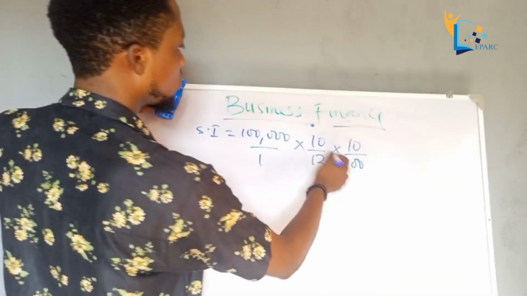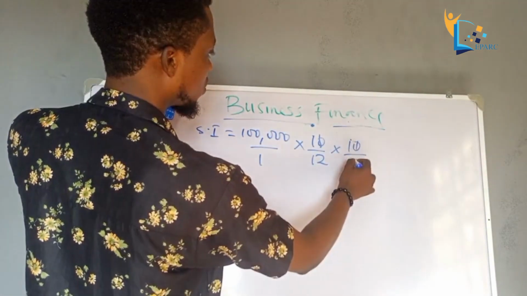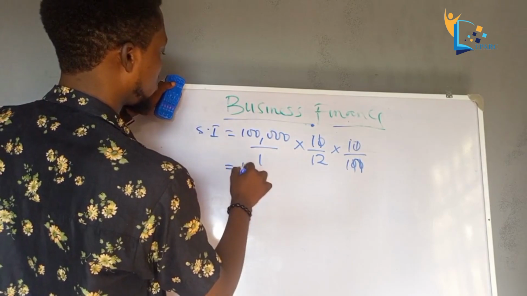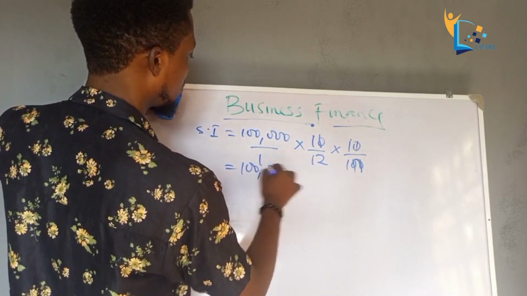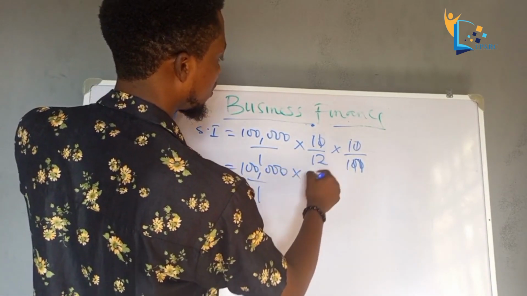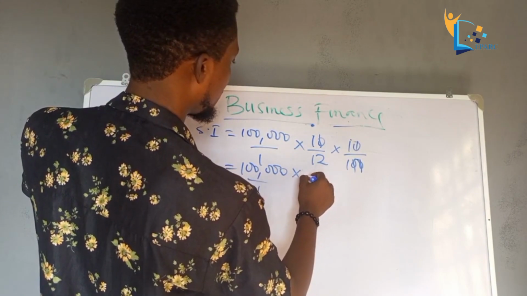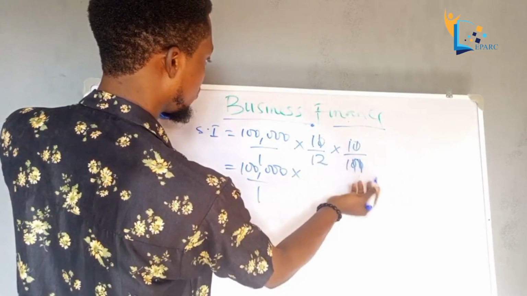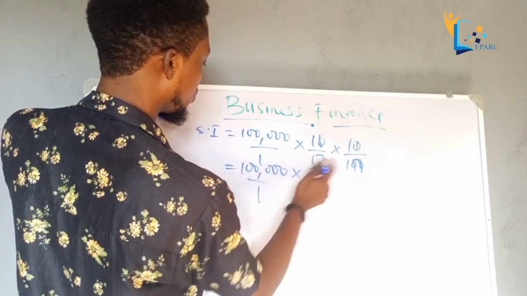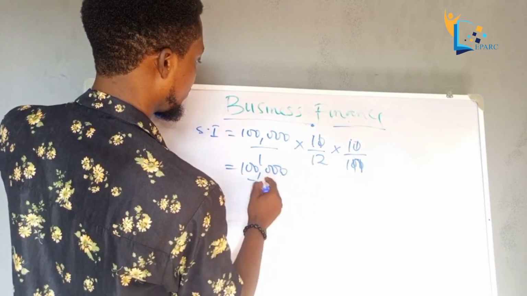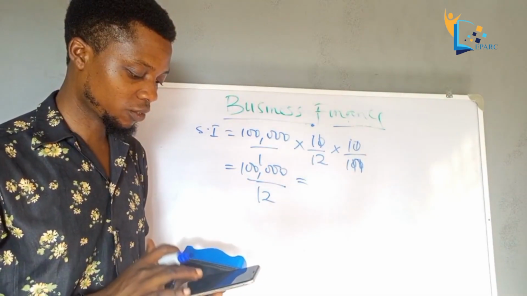So this cancels off. We have 100,000 over 1 times 1, same thing as 1. Then this is 12, so 100,000 divided by 12.